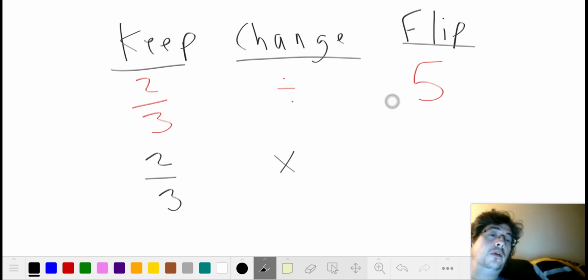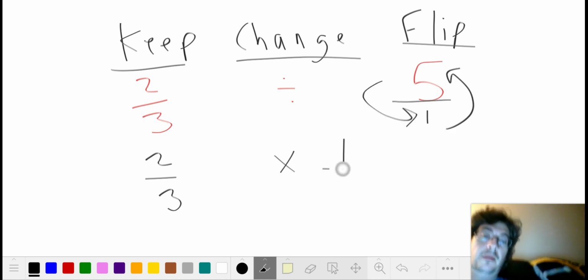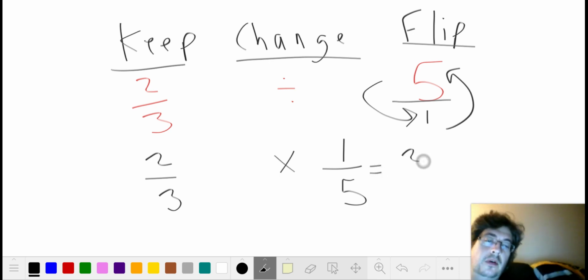Well, remember that we can normally write 5 as 5/1. So we just flip the 1 up top, put the 5 down below, and we get 1/5. Then we can multiply 2/3 by 1/5. 2 by 1 is 2. 3 by 5 is 15. We get 2/15.